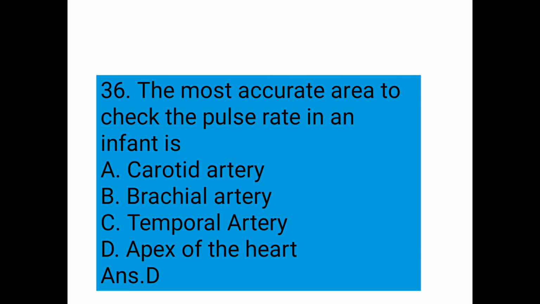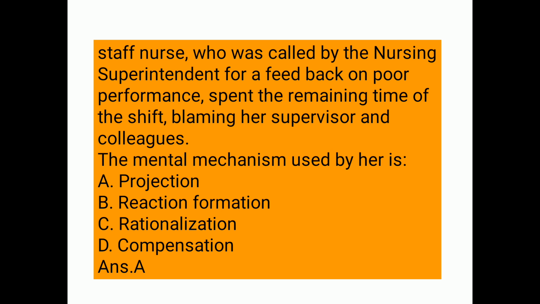Next question. The most accurate area to check the pulse rate in an infant is? Options are: carotid artery, brachial artery, temporal artery, apex of the heart. The correct answer is option D, apex of the heart. Next question.